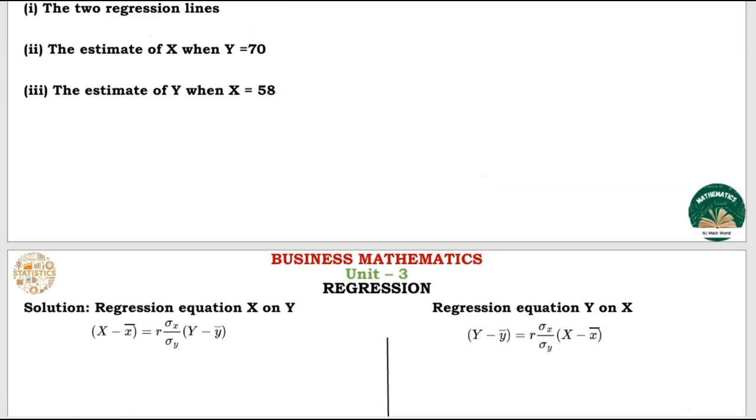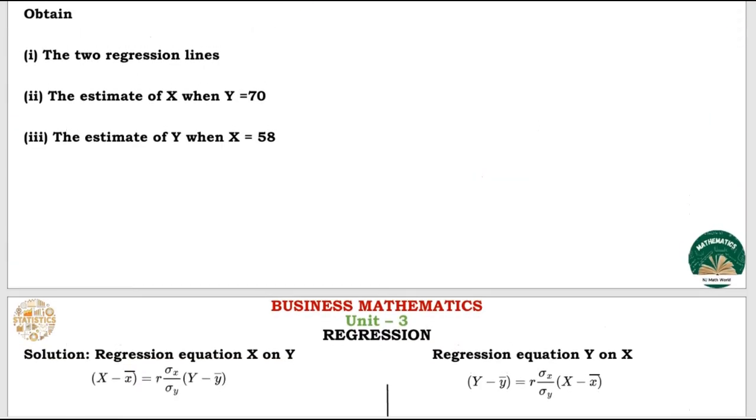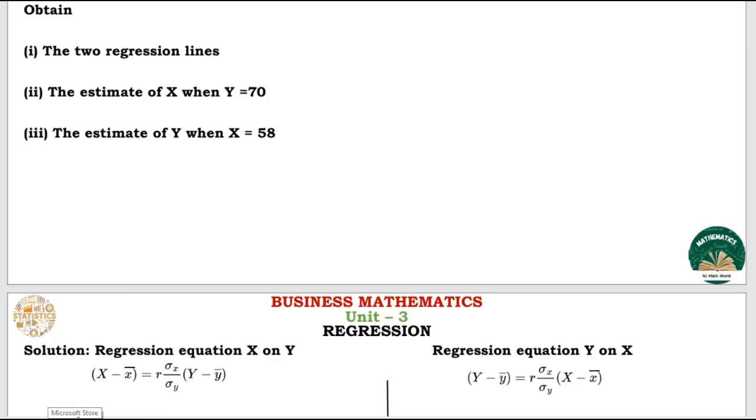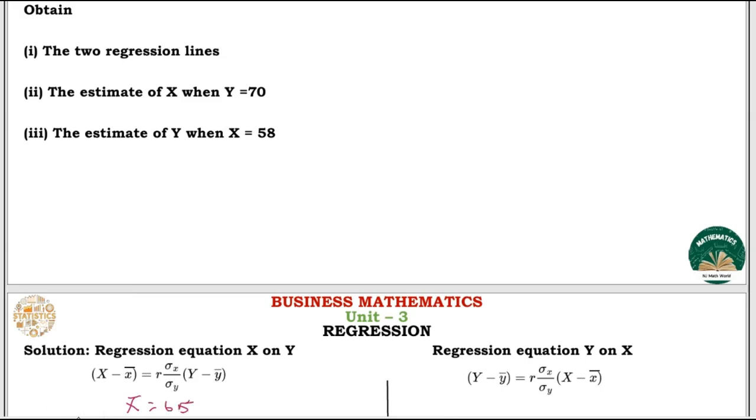So here x bar is 65, y bar is 67, rho x is 25, rho y is 3.5, and r is 0.8, which is given.